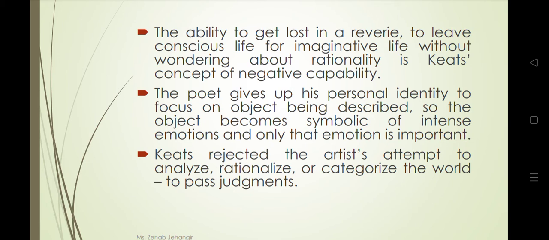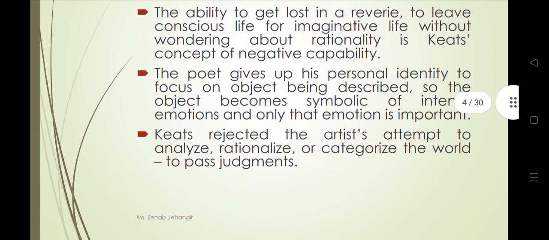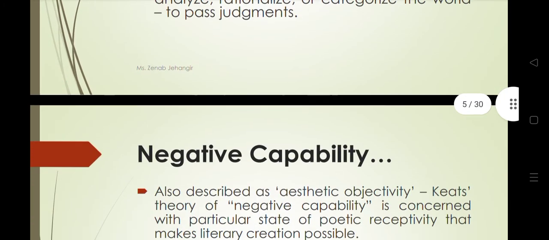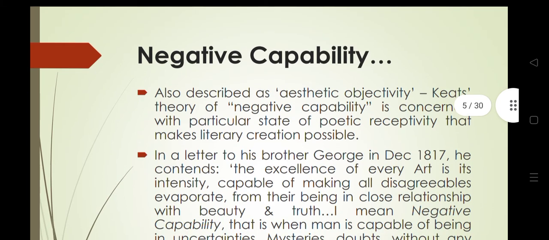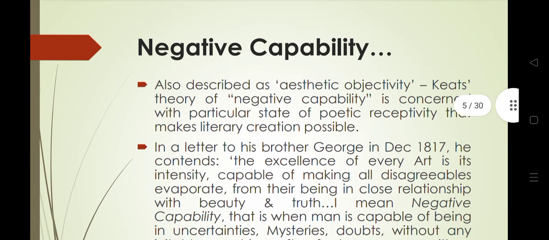And Keats rejected the artist's attempt to analyze rationally, categorize the world and pass judgment. There is no rationality, logic or reasoning in negative capability, and you just accept art for the sake of art only.